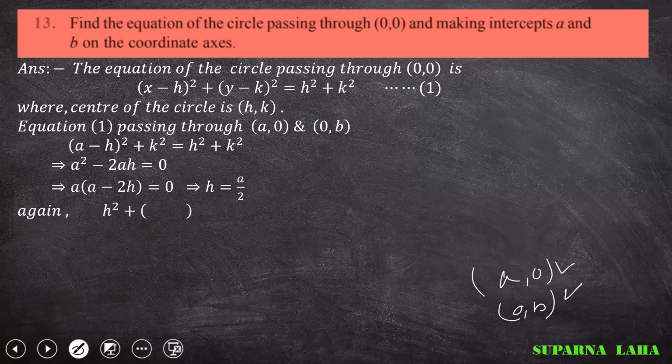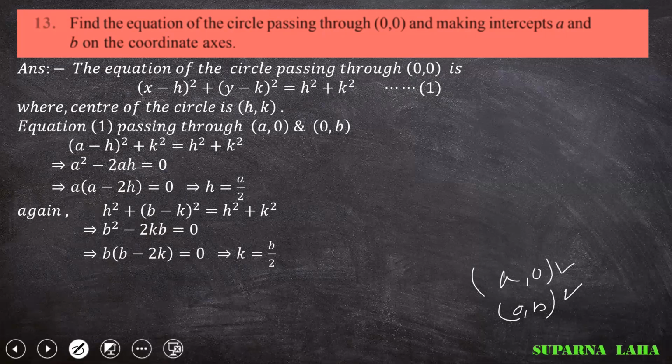Similarly, if we put (0, b) in equation number 1, you will find a square plus (b minus k) whole square is equal to a square plus k square. Now expand the square: b square minus 2kb equals 0, so that means k is equal to b by 2. Now you have the values of h and k. That means you have the center of the circle, that is (a by 2, b by 2).